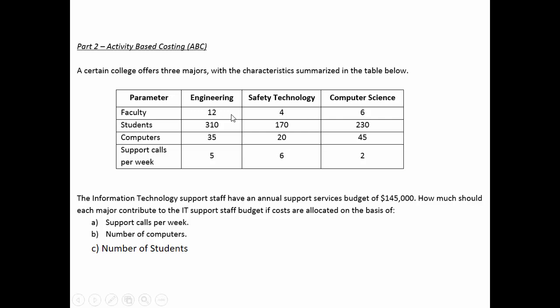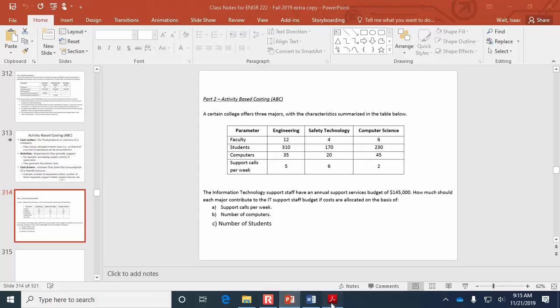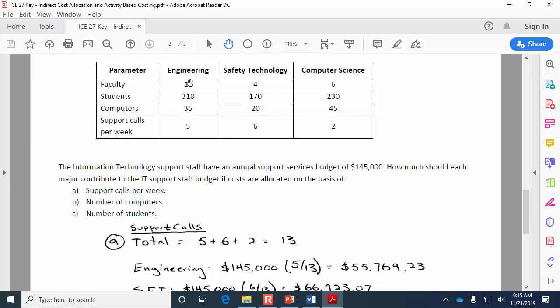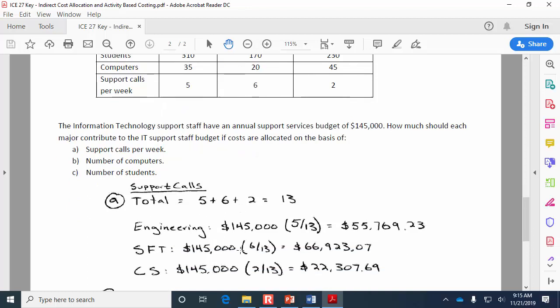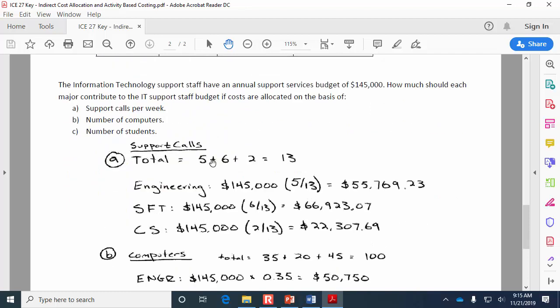And so here in this illustration, we were looking at engineering, safety, and computer science, and it looks like safety is a small program, only 4 faculty compared to 12 in engineering. But if we were going to just allocate the costs based on the faculty, then you can see that... this one's support calls.